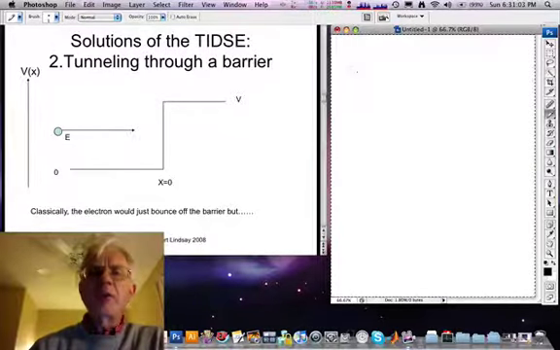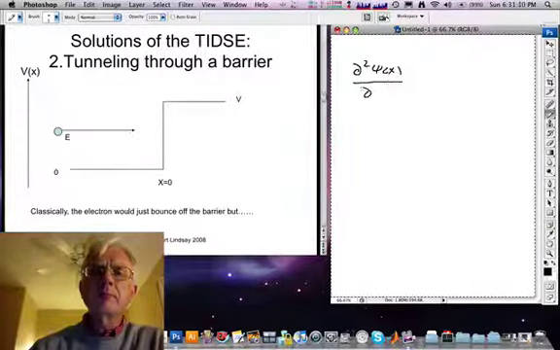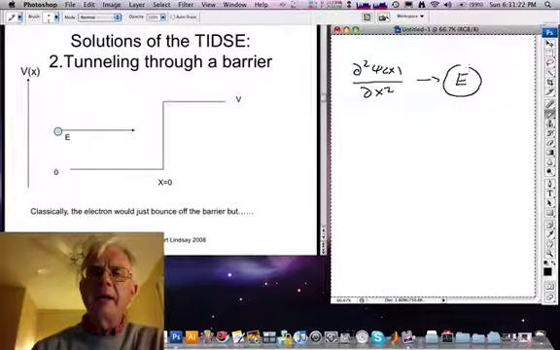On the left of the Schrödinger equation, one has the second derivative. And on the right of the Schrödinger equation, the energy. So this tells you that if the energy of the system is to remain finite, the second derivative must remain finite.